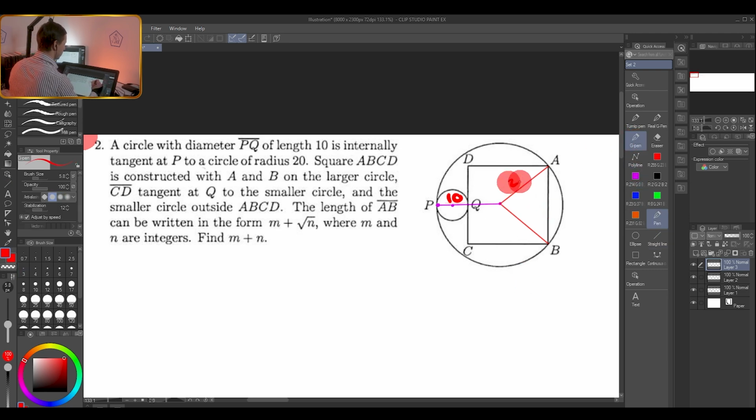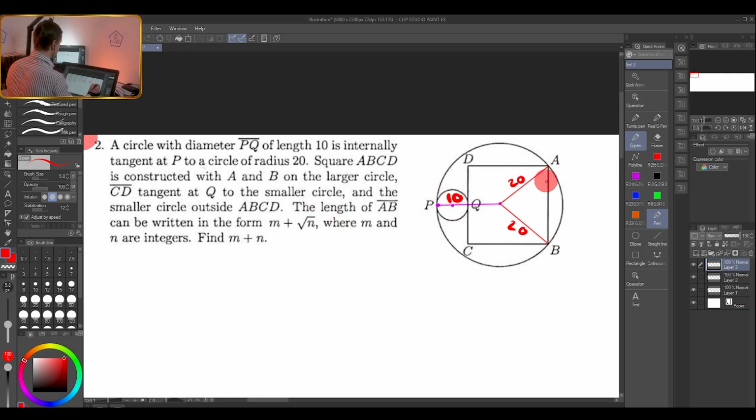And in this case, let's mark 20. Square ABCD is constructed with A and B on the larger circle, as we see, and CD is tangent at Q to the smaller circle, we see it here, and the smaller circle is outside ABCD. The smaller circle is outside the square.